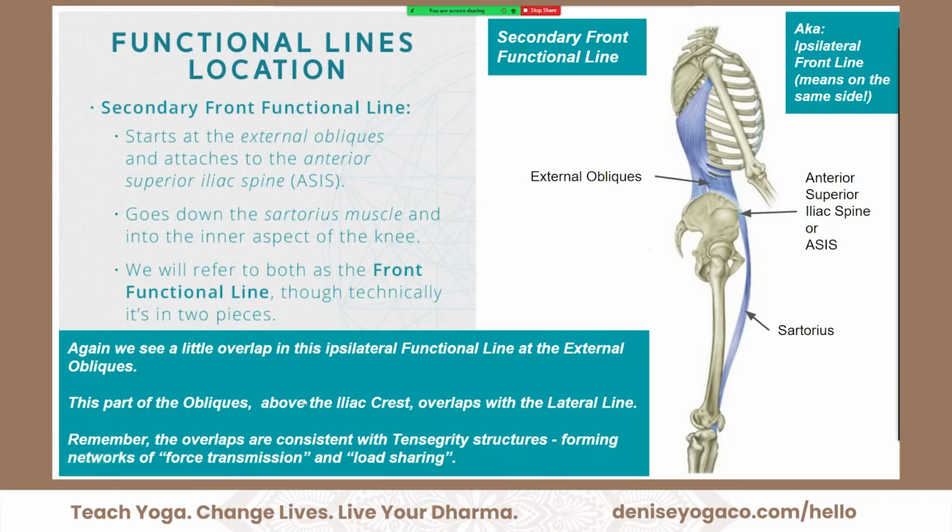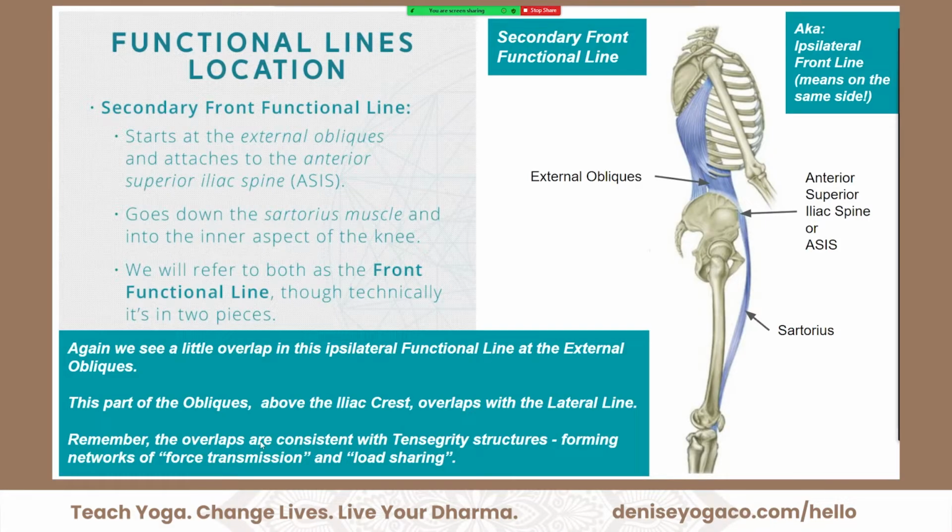All right, now, so I talked you through that. Now I want to make a point here about these overlaps that we see in the lines. Some people think that the lines should be completely distinct from each other, but we're looking at the body as a tensegrity structure, and these overlaps are consistent with tensegrity structures.